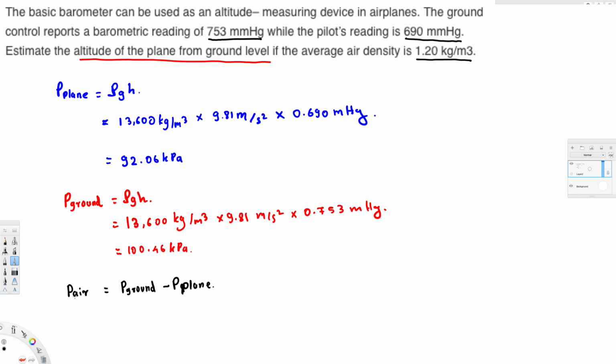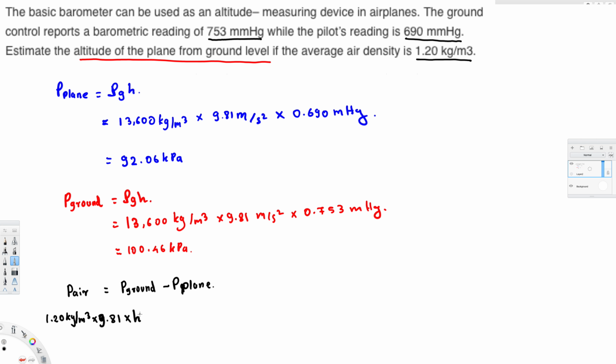So if I find the pressure of the air, I can find the height, because the pressure of the air is also going to be rho gh. We know the density of the air is provided, that is 1.20 kilogram per meter cube, g is 9.81, and this height is what is changing the pressure, right?